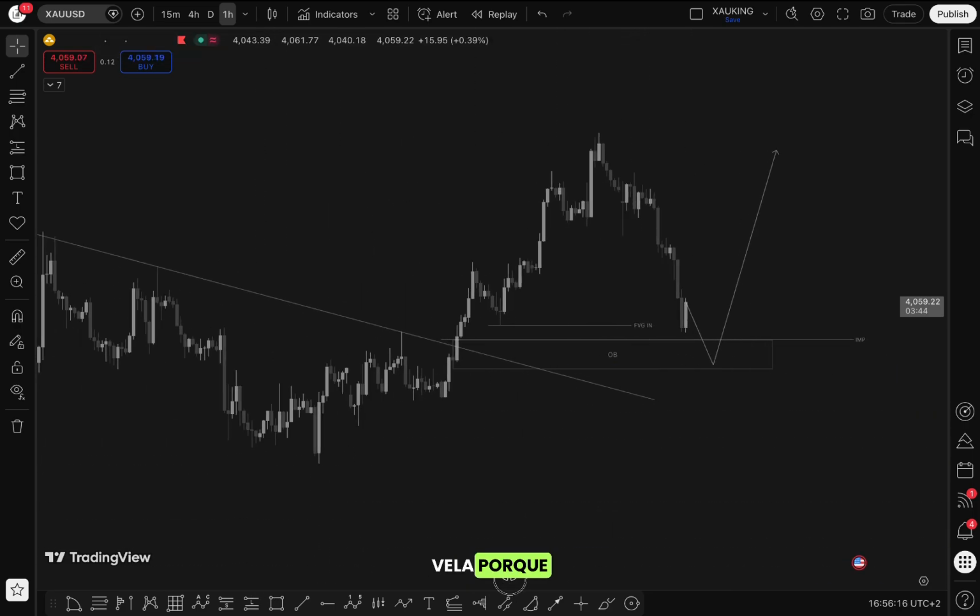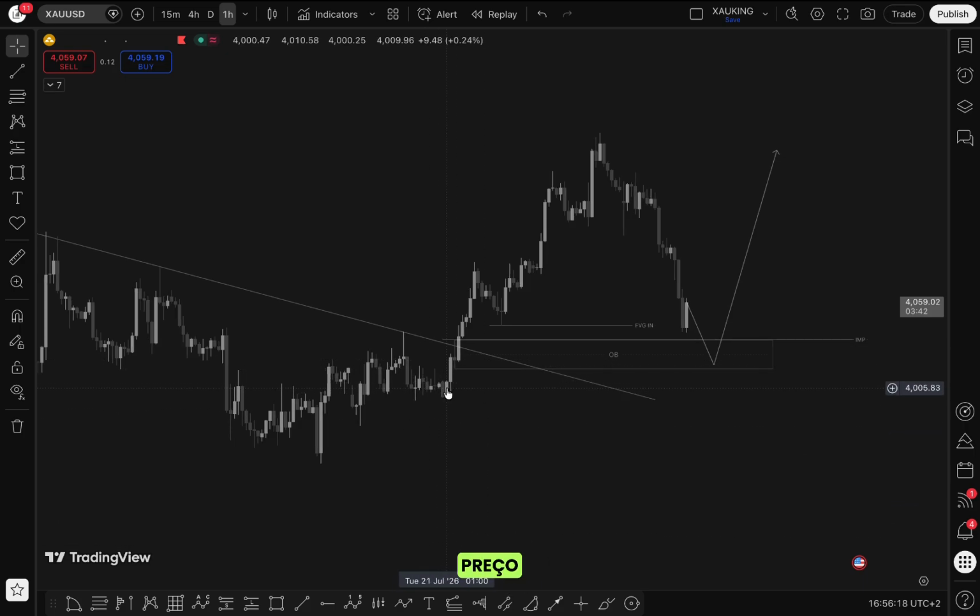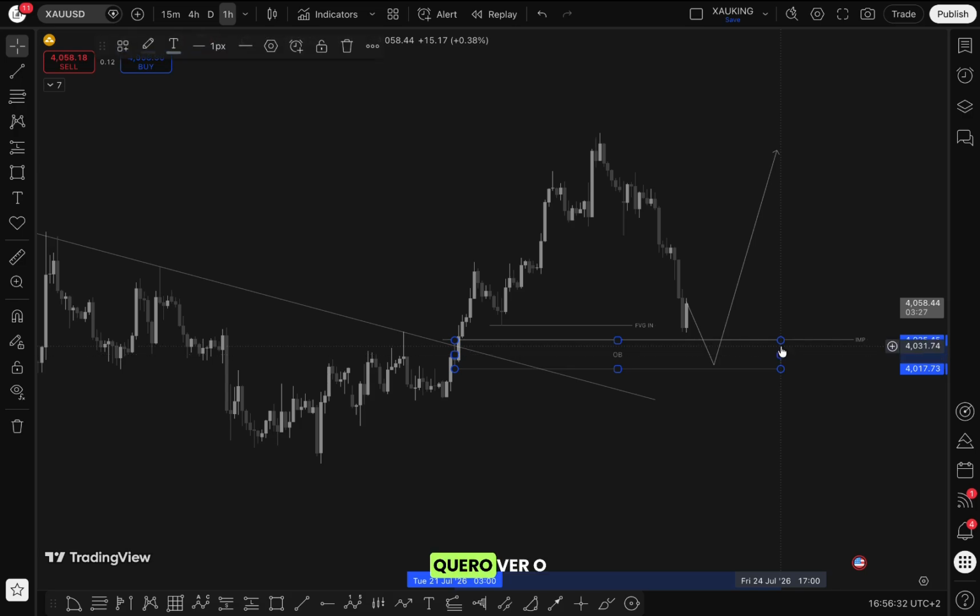This is a candle because what happened? Price went up, created a candle here, didn't break successfully, and then right after it broke successfully. So this then becomes our most important candle of the day. So I want to see price go in there.